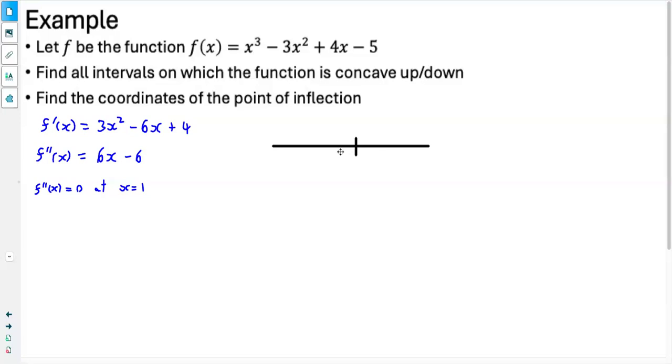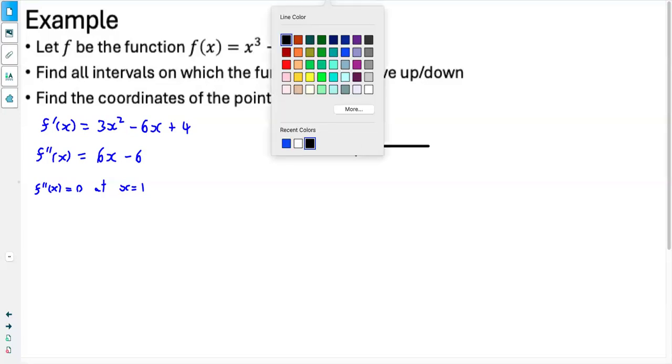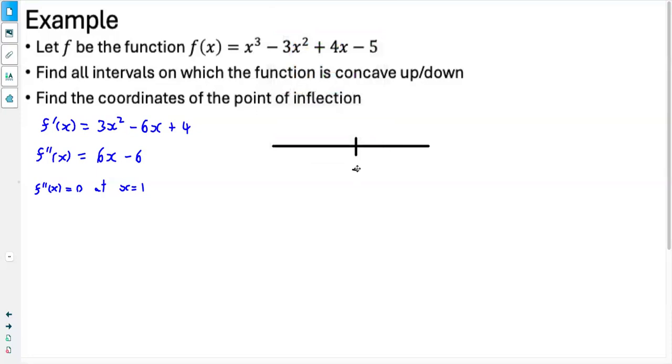In this case, we only have one point that we're very concerned about, and that has an x value of 1. So we're going to figure out whether f double prime x is positive or negative in each of the segments that this has split our line graph into.